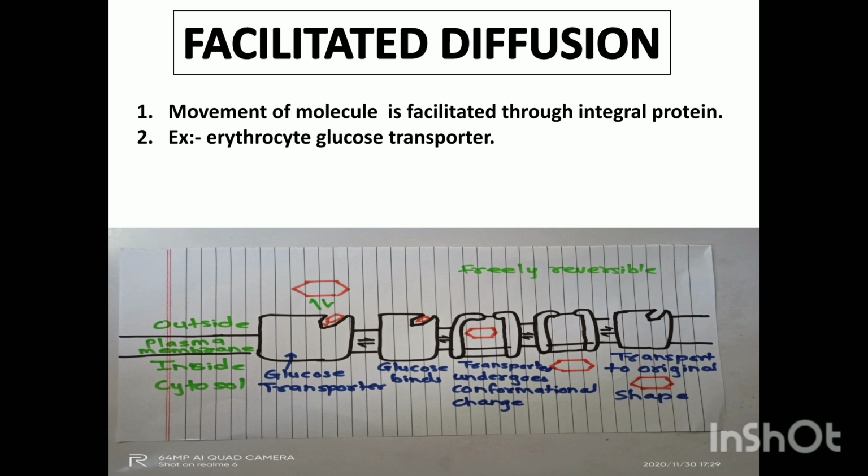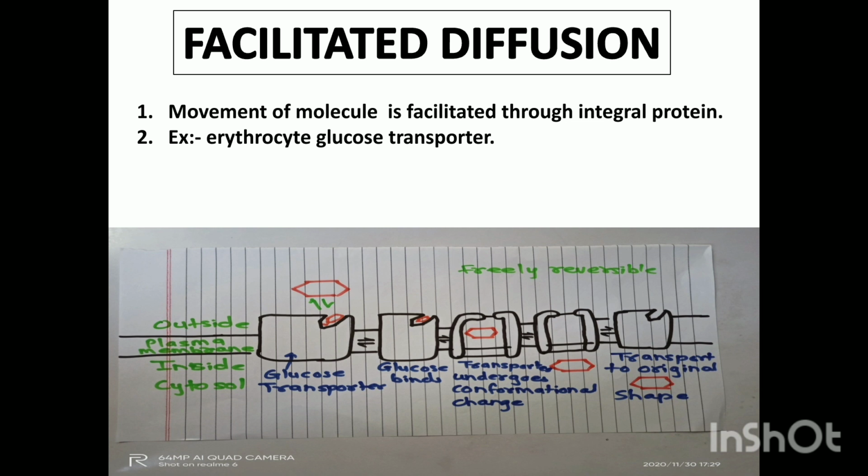As we can see here, the area outside the cell and inside the cytosol, and the plasma membrane which is embedded by the glucose transporter protein. This glucose transporter protein, which is a uniporter, forms a central pore through which the glucose molecule is passed upon conformational changes in the protein.